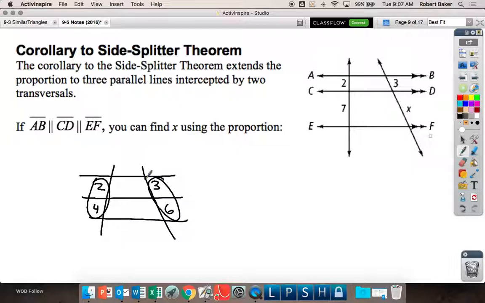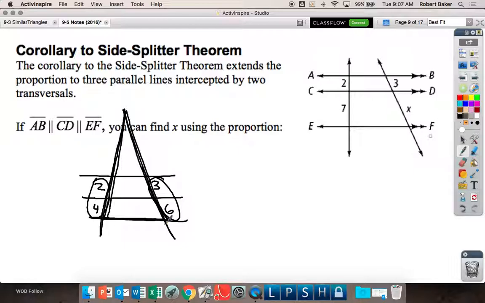Guys, it's nothing new because lines go on forever. It's the same thing we just talked about. They just don't draw the whole triangle. Right? Top over bottom equals top over bottom. It's the last layer.